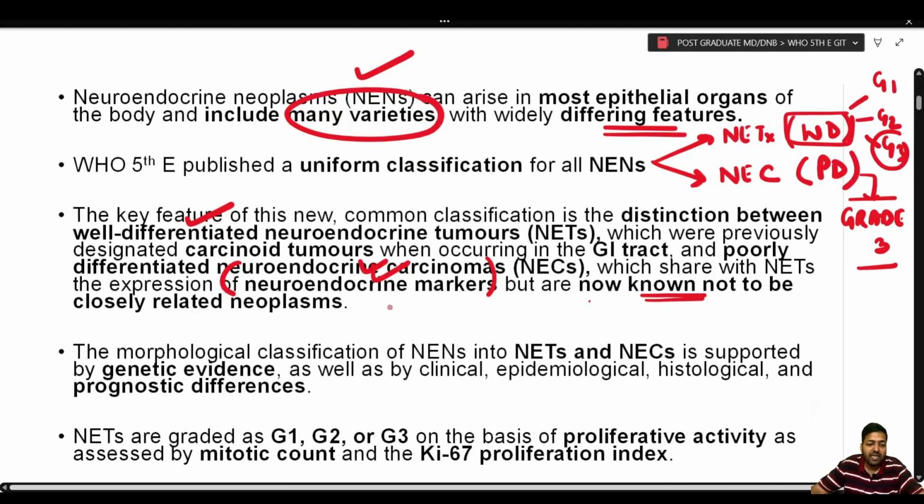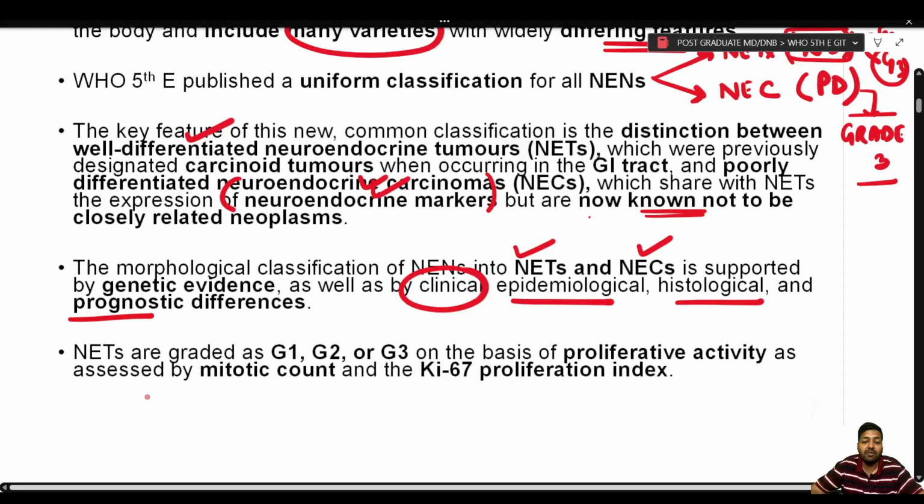The morphological classification of neuroendocrine neoplasm into neuroendocrine tumor and carcinoma is supported by genetic evidence. Why are we differentiating between the two? Because there is evidence clinically, epidemiologically, histologically as well as prognostically that supports the difference between NETs and neuroendocrine carcinoma. How? We will discuss in the later half.